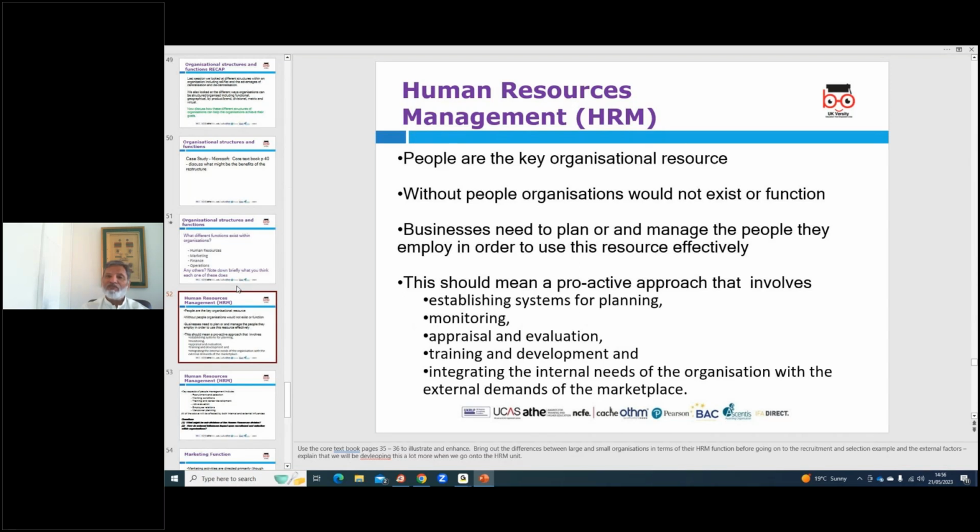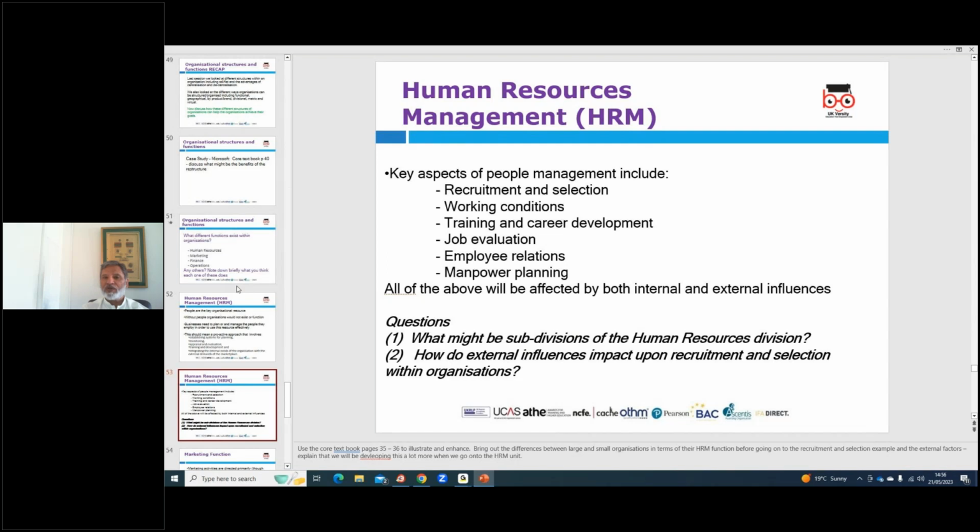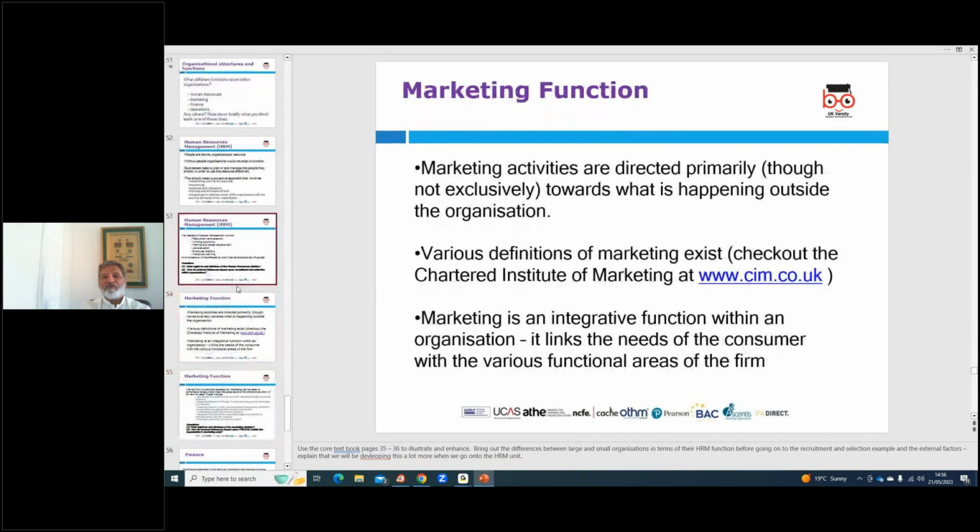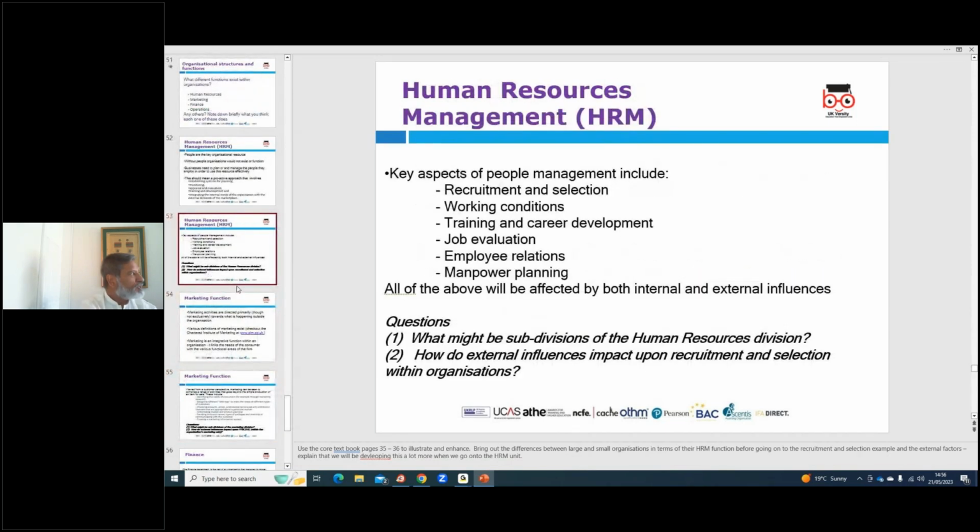Okay, so HR is a very strategic department these days. People are resources, human resources are critical. So you need to look at HR as a critical function of the organization.